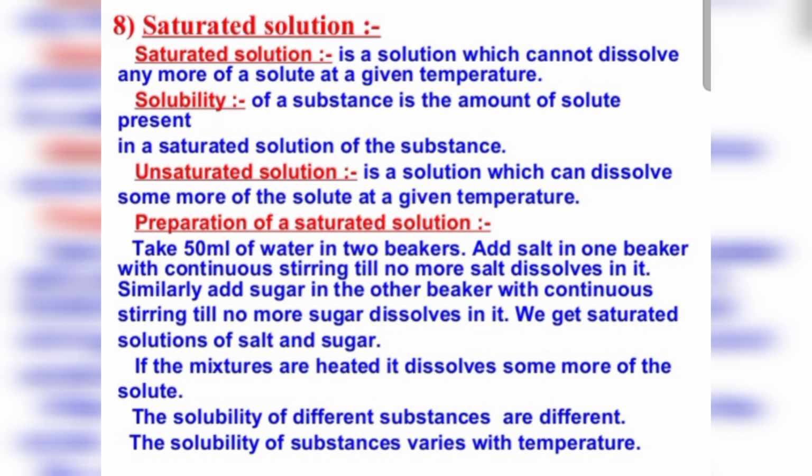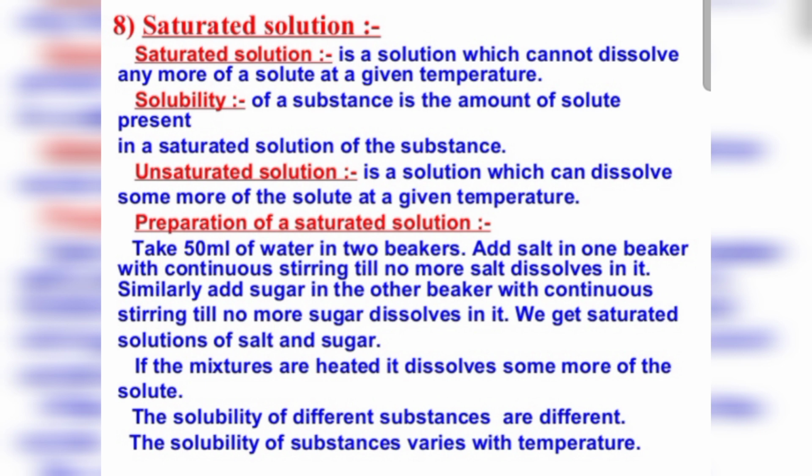So what is a saturated solution? A saturated solution is a solution which cannot dissolve any more of a solute at a given temperature. We can say that a solution which has the maximum amount of dissolved solute that the solution can hold at a given temperature is called a saturated solution.